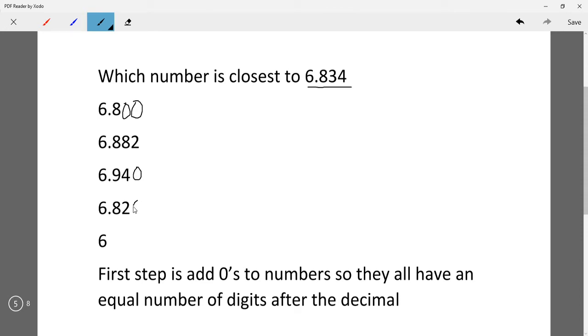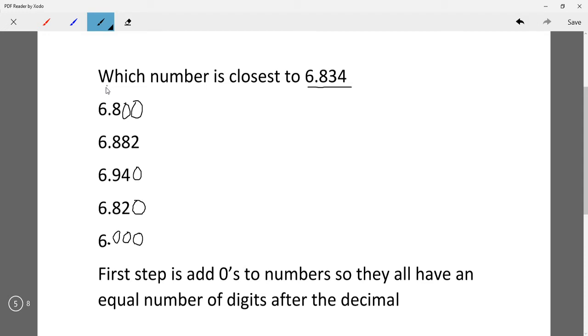I add 1 to this one, 1 to this one, and this is just a whole number, so I'm going to put the decimal. There's always an invisible decimal after a whole number, and then I'm just going to put 3 zeros. Now this makes it a lot easier to figure out. Let me just write this number up here.